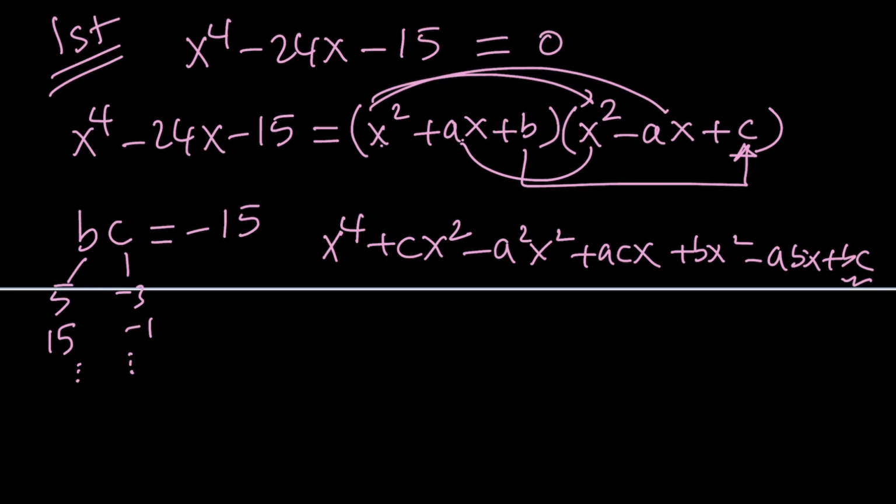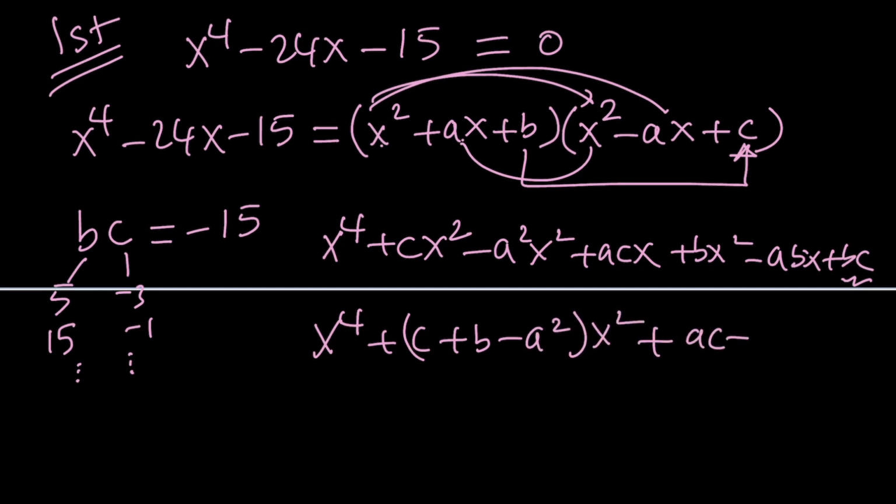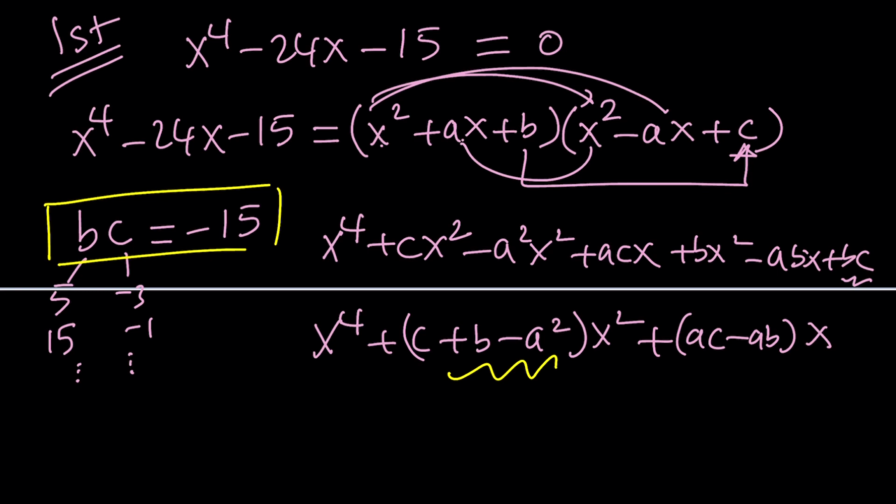But what's really important is putting together the coefficient of x squared. This is the coefficient of x squared, and this is the coefficient of x. And guess what that gives you? That gives you two equations, along with bc equals negative 15, which we already talked about, right? So the coefficient of x squared in the original equation is 0, and the coefficient of x is negative 24.